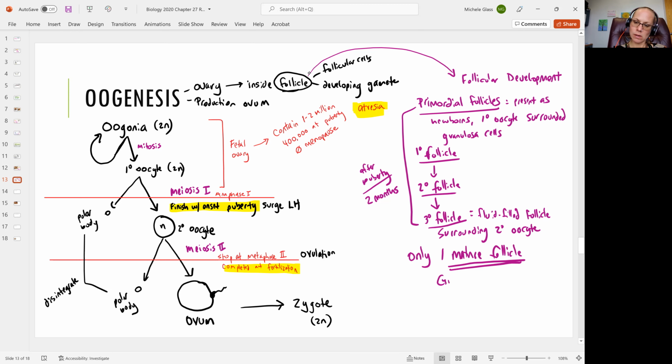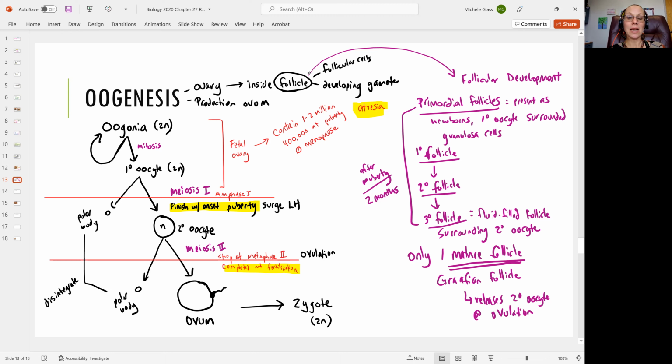And we can call these Graafian follicles. And this is going to be the one that actually releases the secondary oocyte at ovulation.